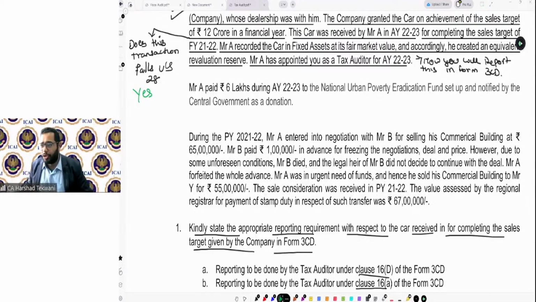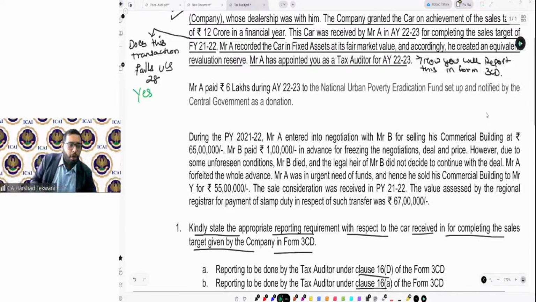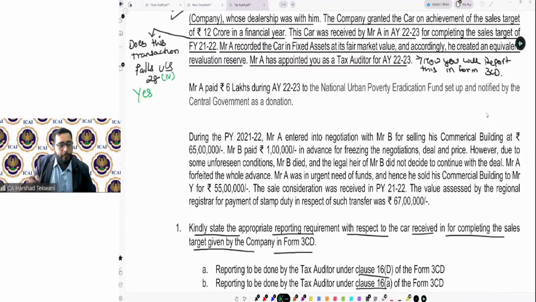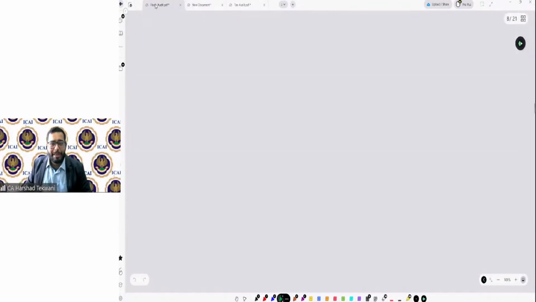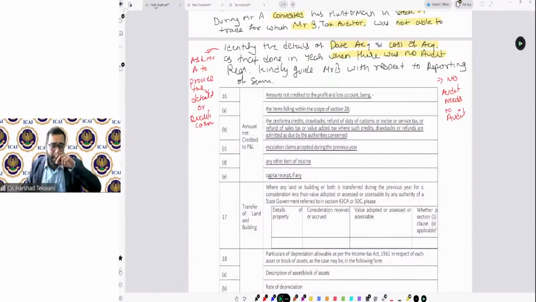It's the same transaction, value of benefit or perquisite. So first I confirmed, yes, 16A could be the one. It can be possible that a transaction is reported in multiple clauses. So 16A, good.